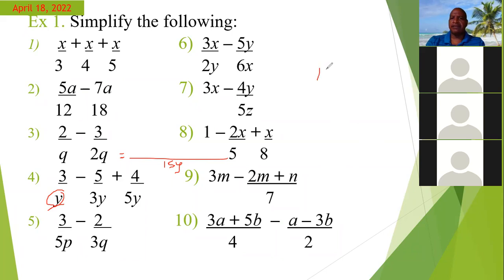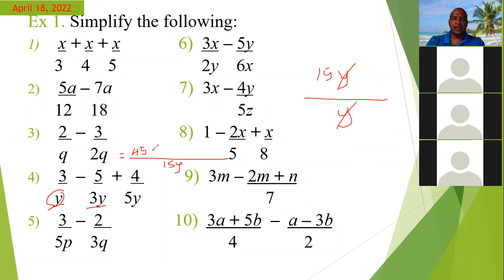If you have 15Y and you're dividing all of that by Y, what do you have left? 15, exactly. So what you must multiply this 3 by? By 15. So 3 times 15 gives you how much? 45. All right, 45.